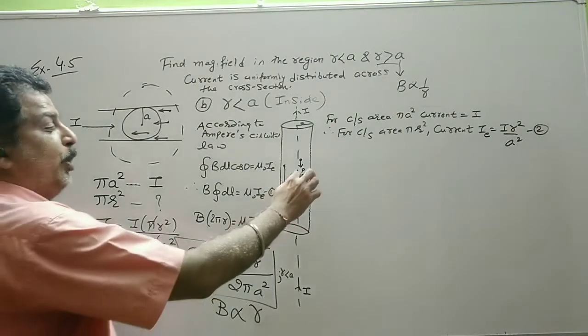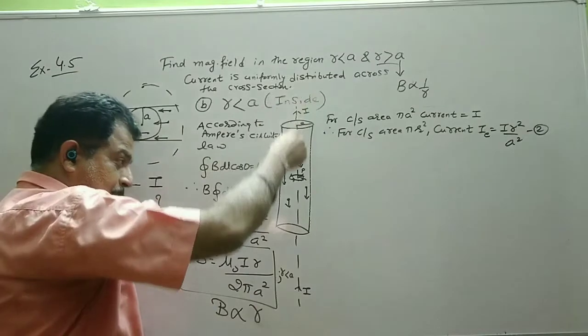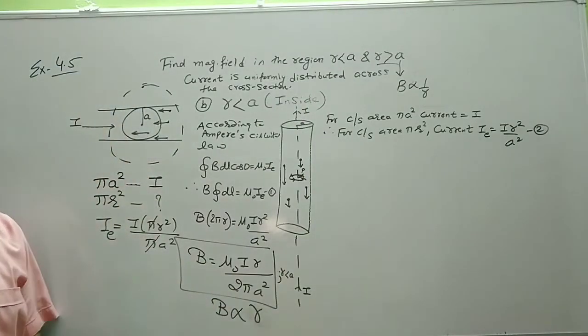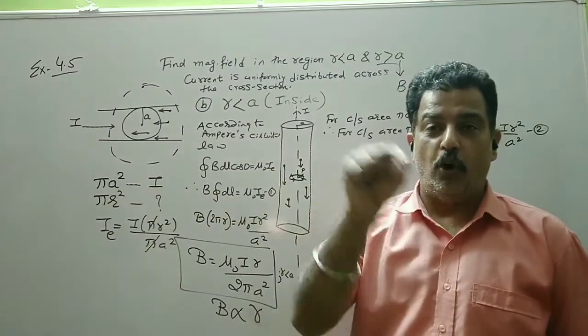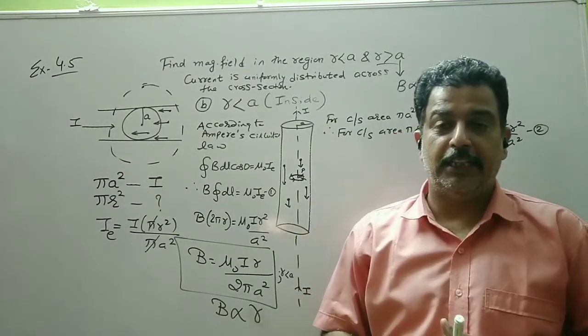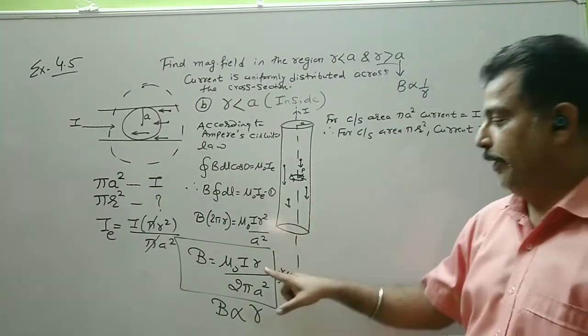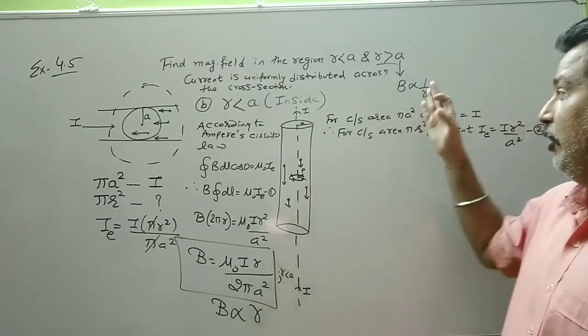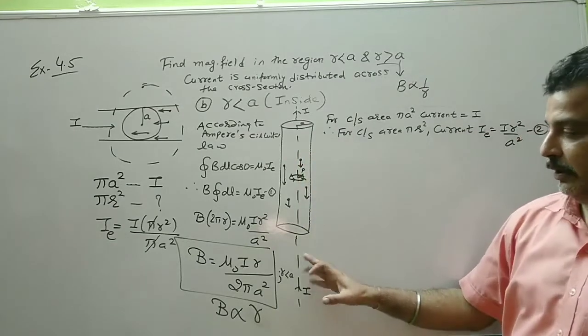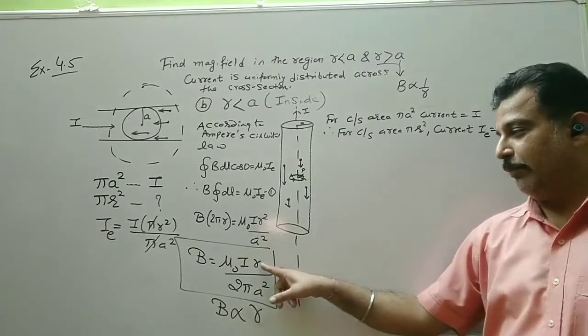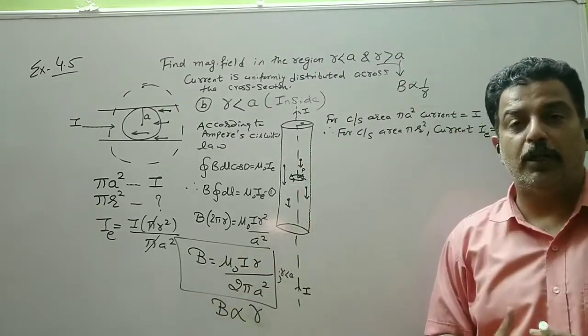Now suppose this point P is lying on the axis itself. So if point P is lying on the axis of the current carrying wire, R would be equal to 0. Once you come inside, we apply this formula, R becomes 0. So B is equal to 0.